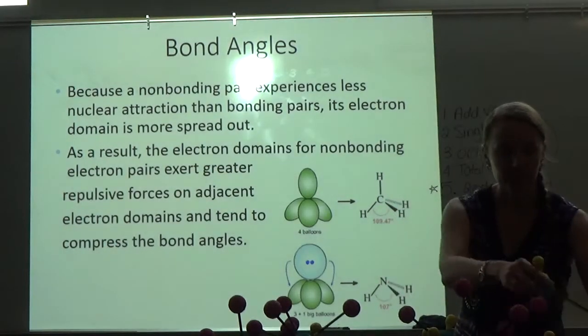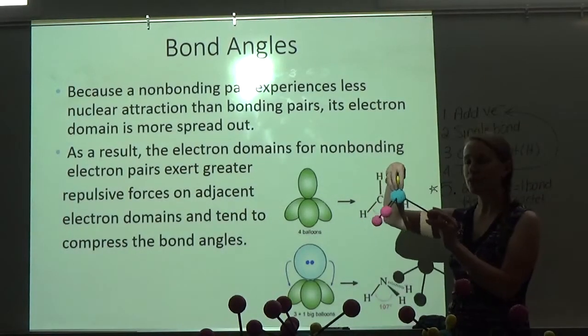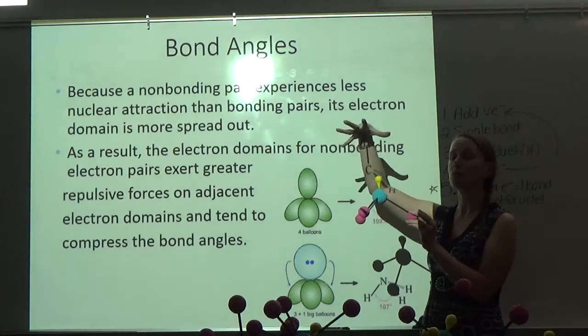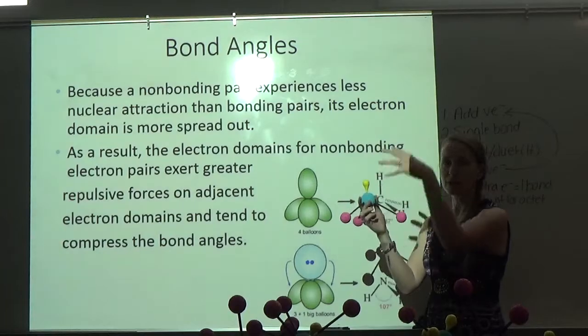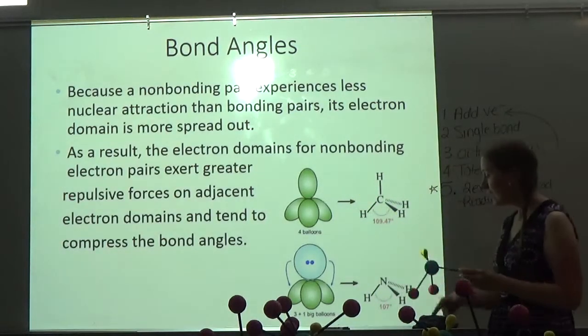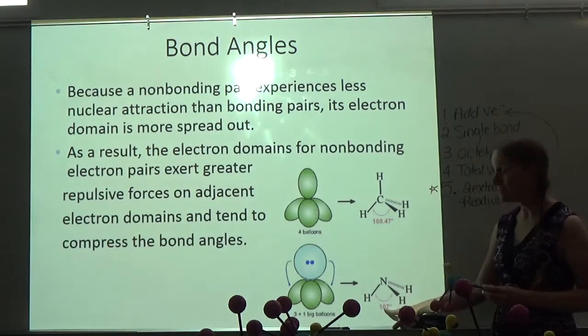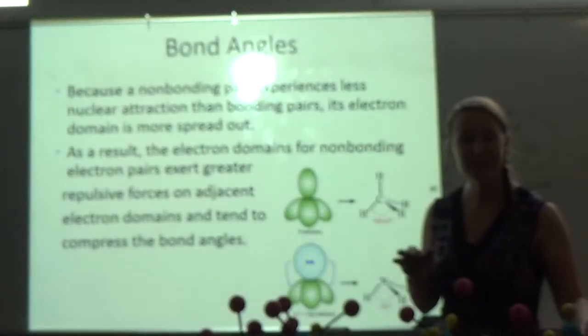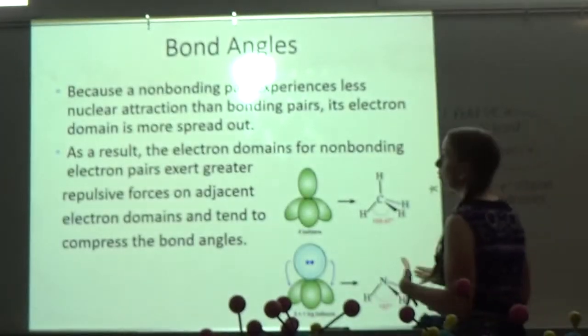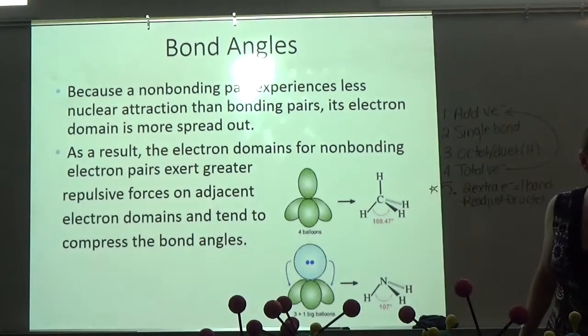However, once we have a lone pair, this lone pair takes up more room, so it compresses these bonds to make them a little bit lower. If you notice, this only has a bond angle of 107. So lone pairs will always take up more room and they'll compress the other bond angles.